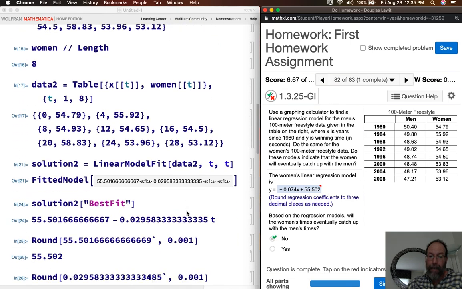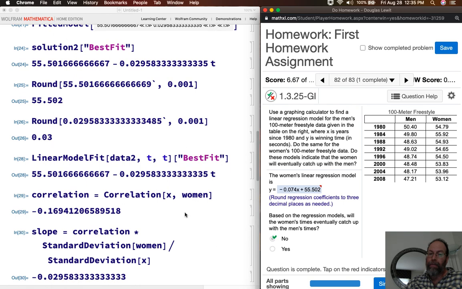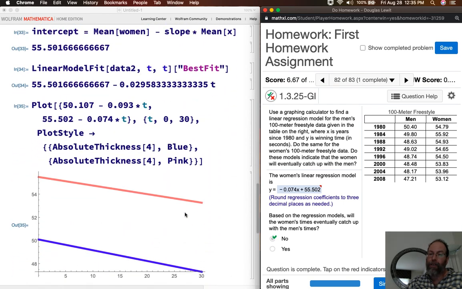I maintain that the equation should really be 55.502 minus 0.030x if you round to 3 decimal places. All right, so that's really what I'm going to maintain there. Okay, but basically that's the general idea.